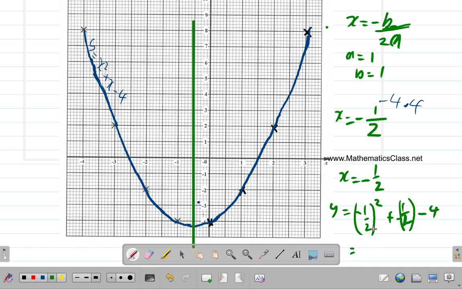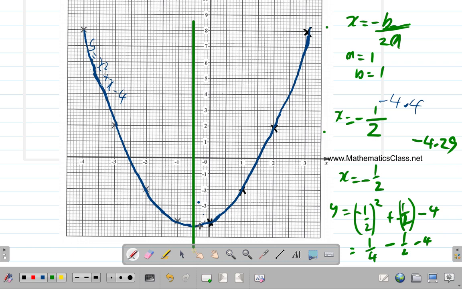So negative half squared is a positive quarter, minus half, minus 4. So quarter minus half is negative quarter, minus 4, negative 4 and a quarter. The accurate value would have been negative 4.25.